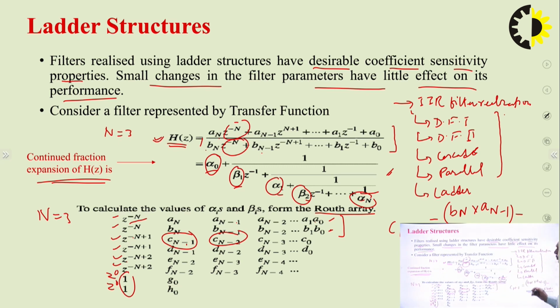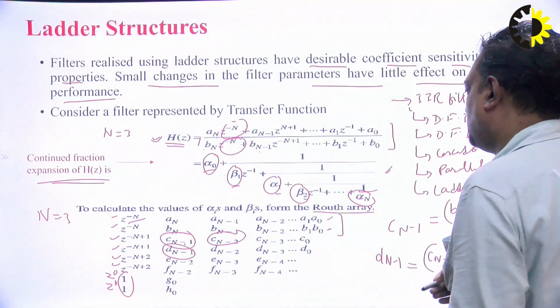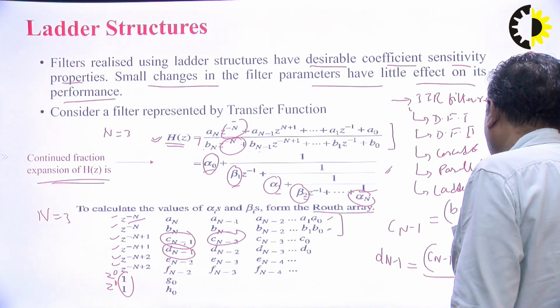So you will calculate all these coefficient values. Once you get this row, you will calculate dn minus 1. Dn minus 1 will be equal to Cn minus 1 into bn minus 1 minus bn into c of n minus 2, upon c of n minus 1.